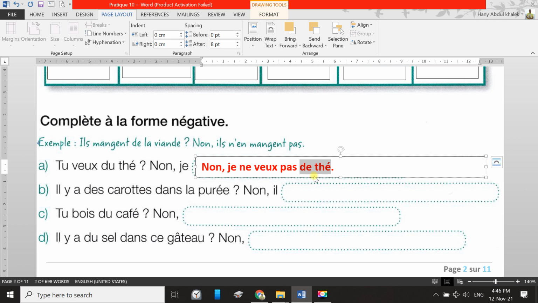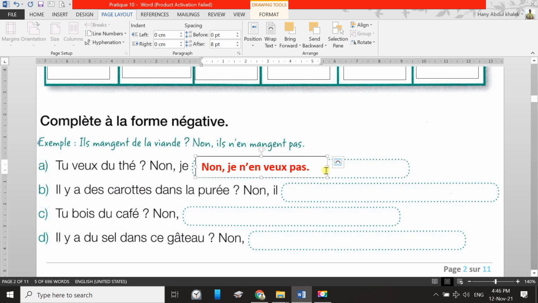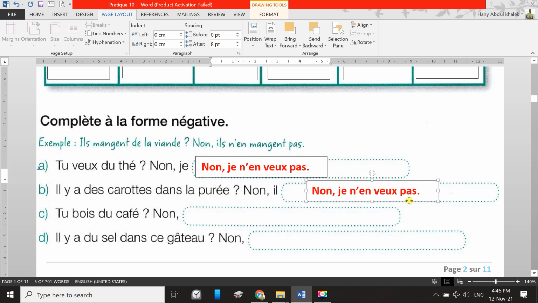So here, de thé will be cancelled and replaced with en, and we put en before the verb. Because ne is followed by a vowel, we put an apostrophe: non, je n'en veux pas. This is the rule: replace the object with en and put it before the verb, whether it's affirmative or negative.